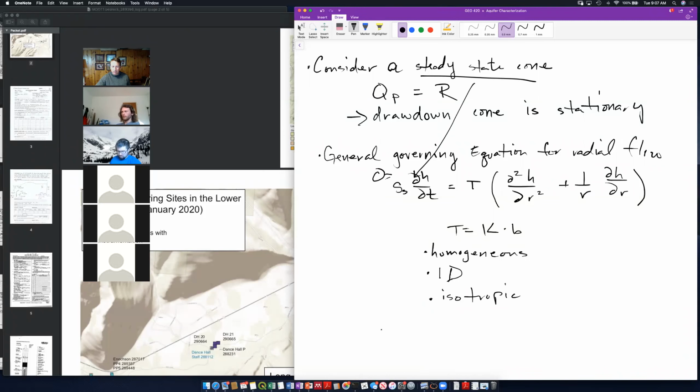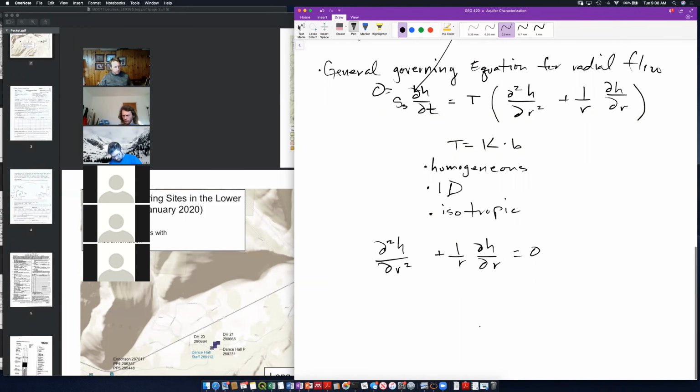All right, and my governing equation becomes this: d squared h dr squared plus 1 over r dh dr is equal to 0. All right, we can solve Darcy's law for radial flow.